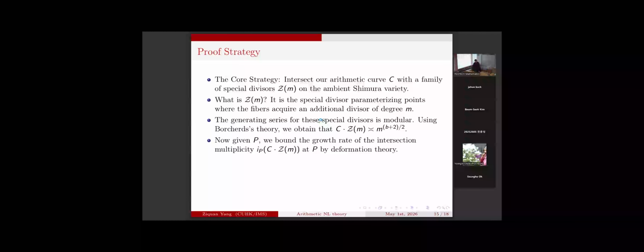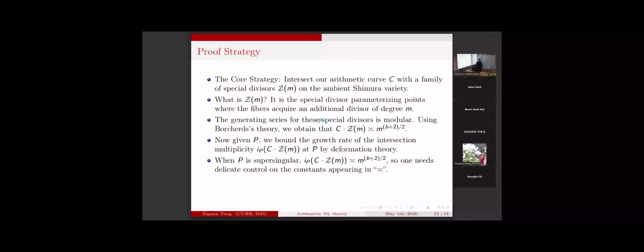But in this case, the dimension of the intersection may not be zero. Sorry? The intersection of C with Z_m, its dimension may not be zero. And how can you define the intersection with this? If the dimension is zero, then the intersection will be well defined. Otherwise, you may need to consider some local characteristic class in a general category.